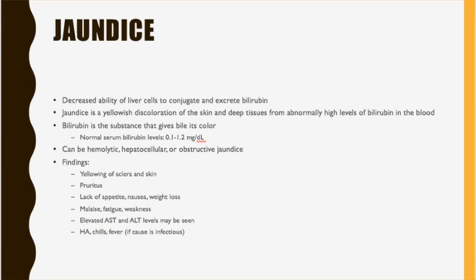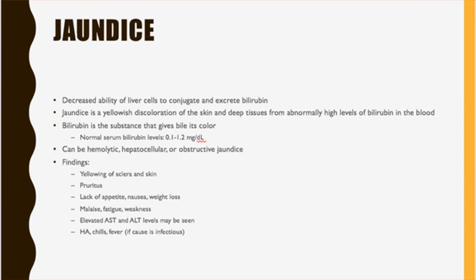You can classify jaundice as hemolytic, hepatocellular, or obstructive. Hemolytic jaundice occurs when the red blood cells are destroyed at a rate that is too much for the liver's ability to remove it. So the liver function is normal. The problem is just there's an abnormal amount of bilirubin being produced.